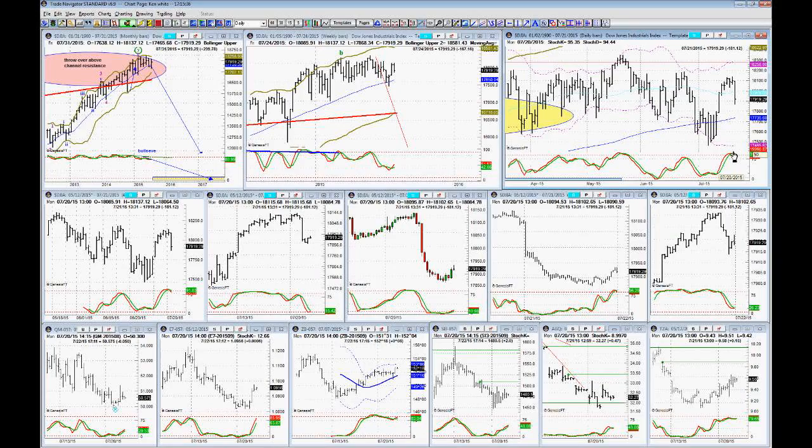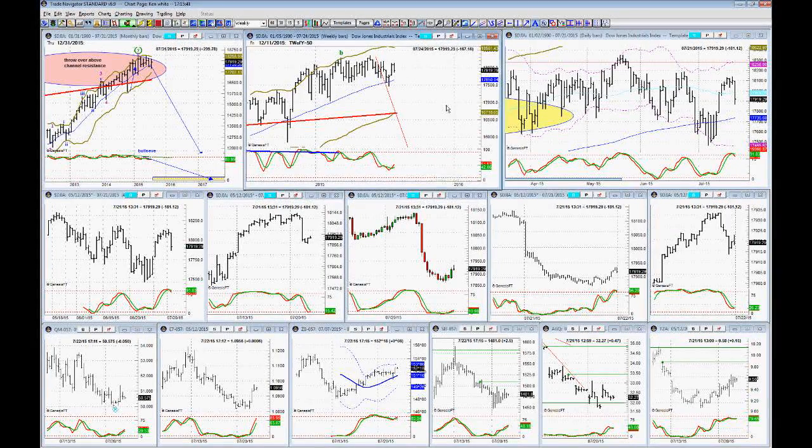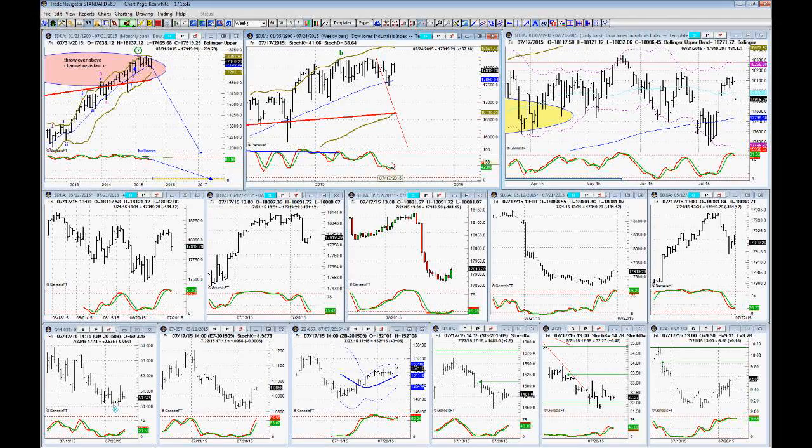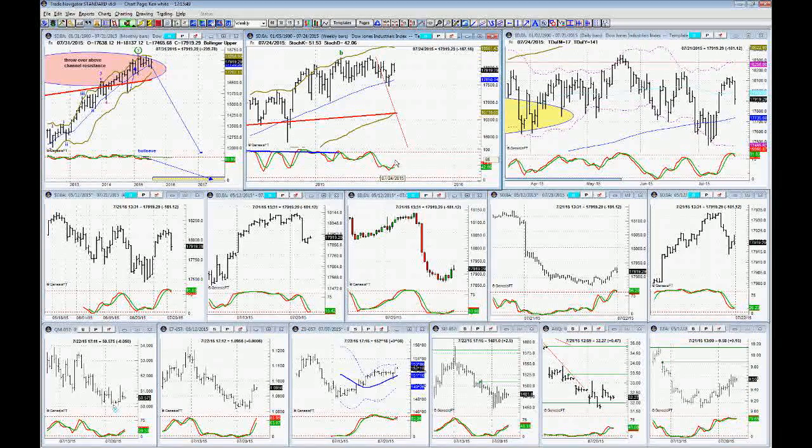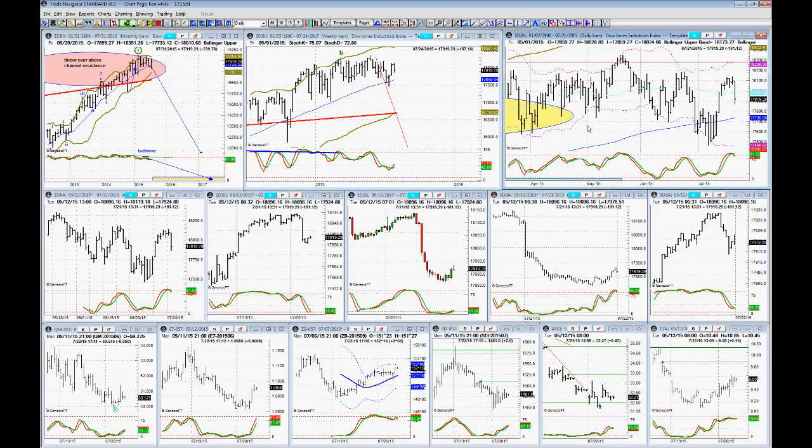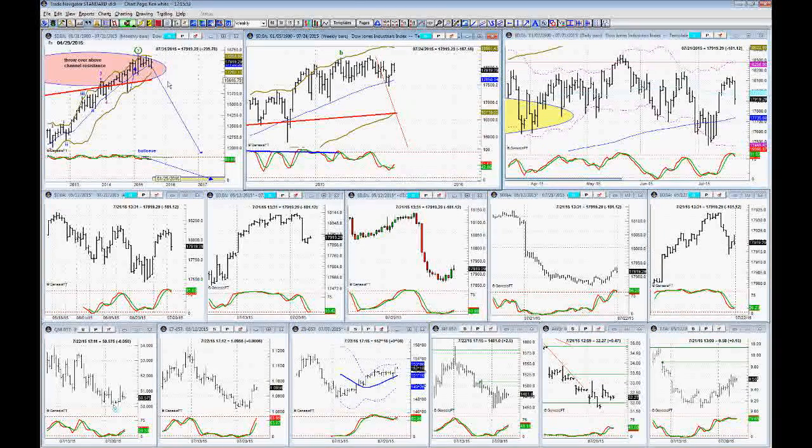The question is, are we okay with selling actions? Well, let's try and get some situational awareness. Look one chart to the left. This is a weekly bar chart, and here we can see the weekly stochastic is just crossing up. So we've got a mixed message between the daily chart on the right and the weekly chart in the middle. Now let's look all the way to the upper left-hand corner.